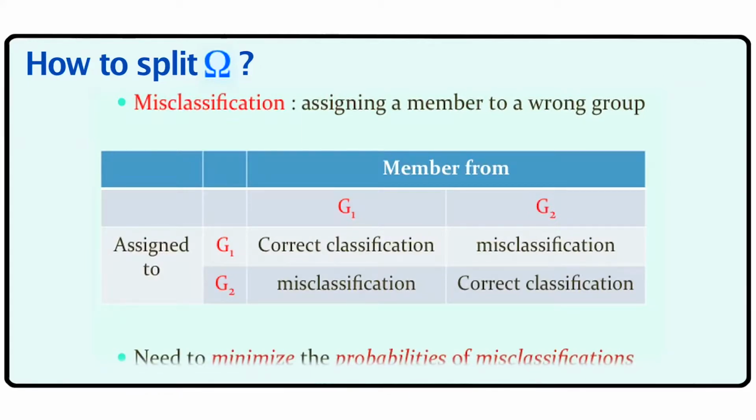Similarly, a member from the second group assigned to the first group is a problem of misclassification. So what we need to do is to minimize the probabilities of these misclassifications. The chance of misclassification should be as small as possible. So you choose R1 and R2 in such a manner that these misclassification probabilities are as small as possible.